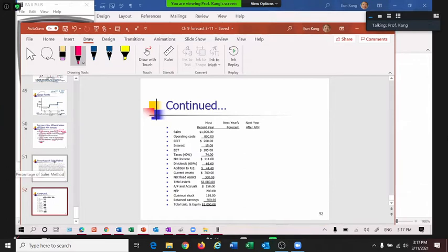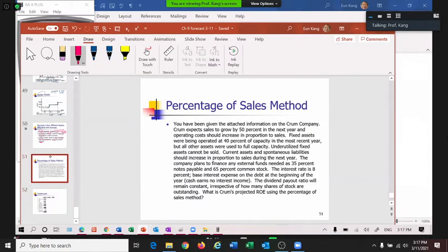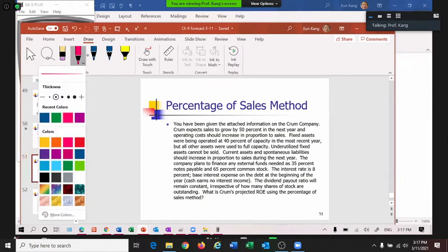Big participation, that's good. Before we get to here, first we have to understand what the question means. It's long, but actually it's not that difficult. You have been given the attached information.